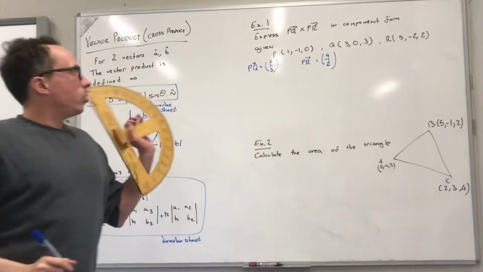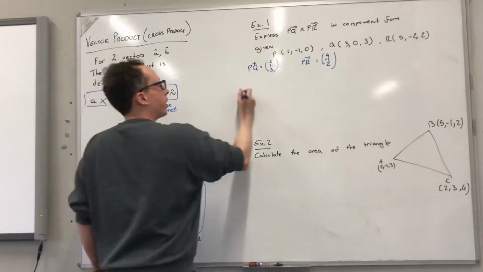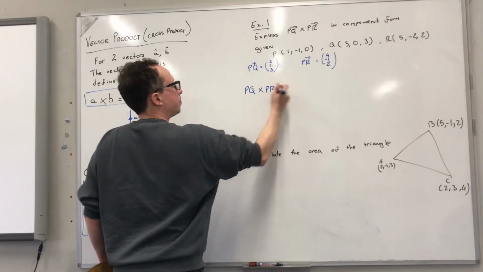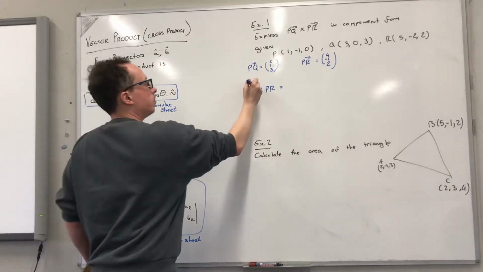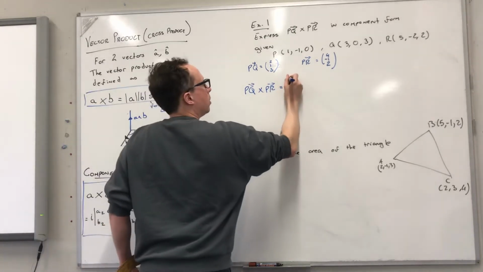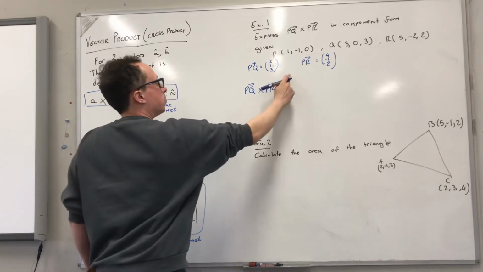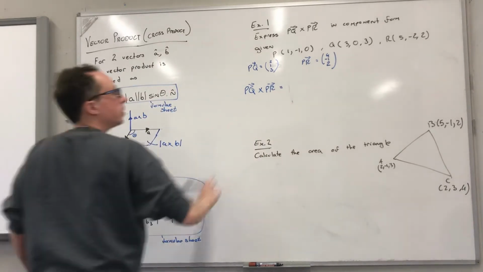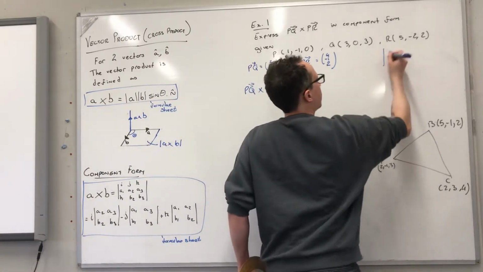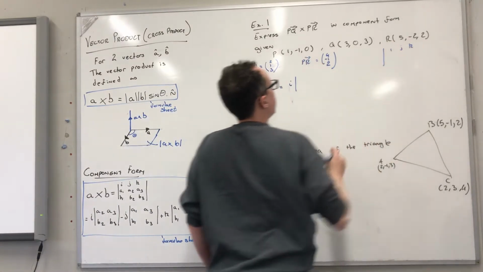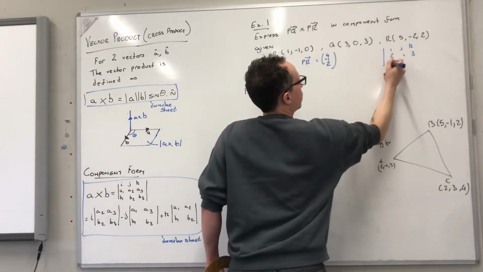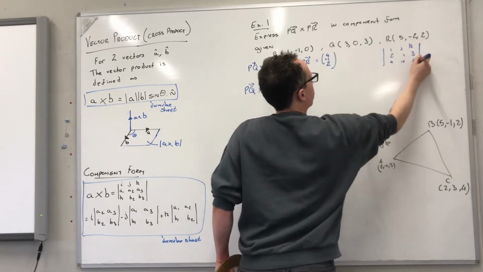So now we've got PQ and PR. We can now find PQ cross PR, which is just going to equal, using this formula, well, we can just jump straight to this part. We create the matrix of them: i, j, k, 2, 1, 3, 4, negative 1, 2.